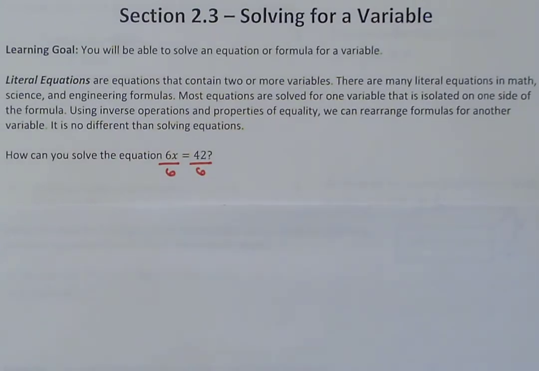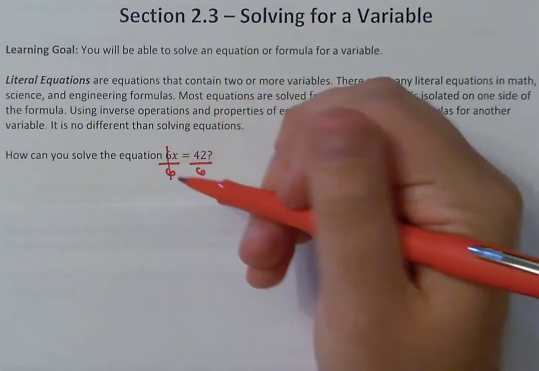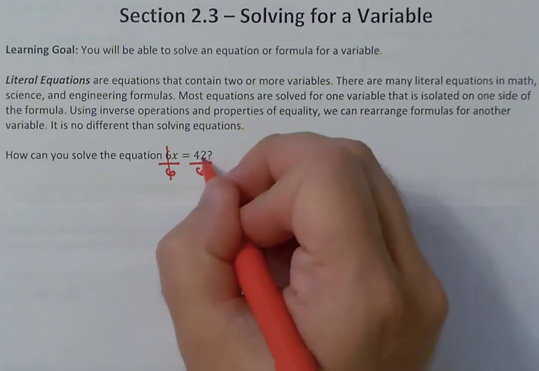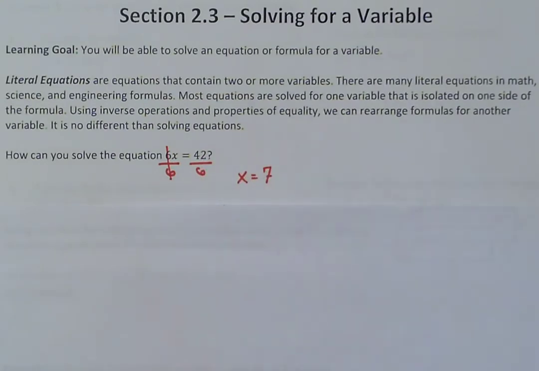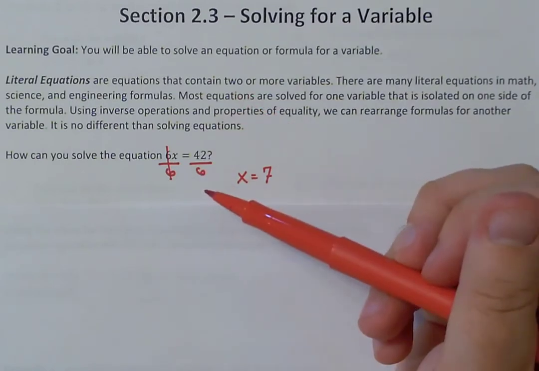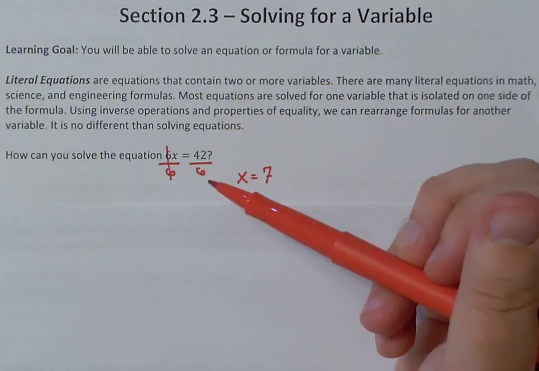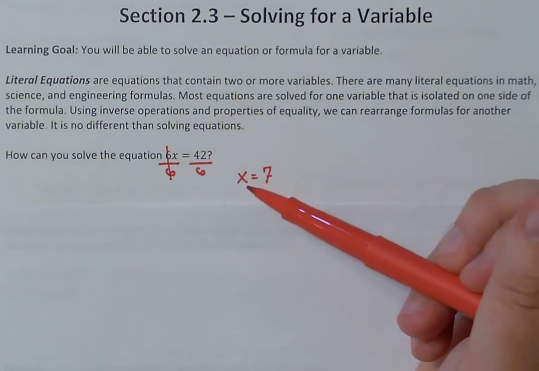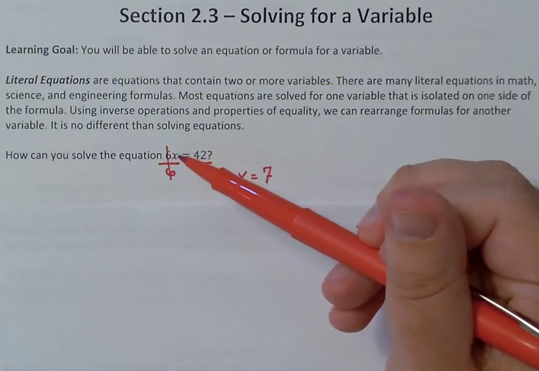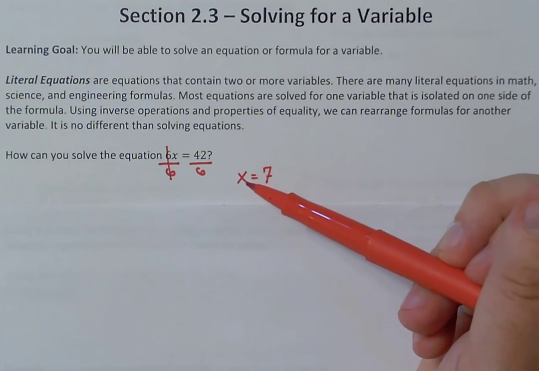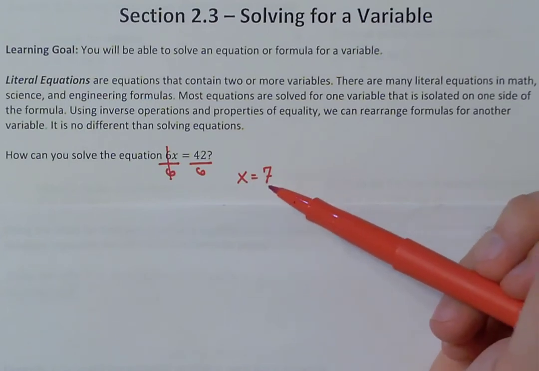When I divide by 6 on both sides, it goes away on the left side, and then we do 42 divided by 6, and we get x equals 7. So why did we divide by 6? We did that to get x alone, which we then accomplished. We did the opposite of what was happening to get x alone and get our end result.